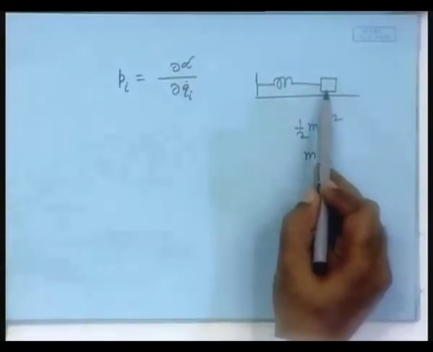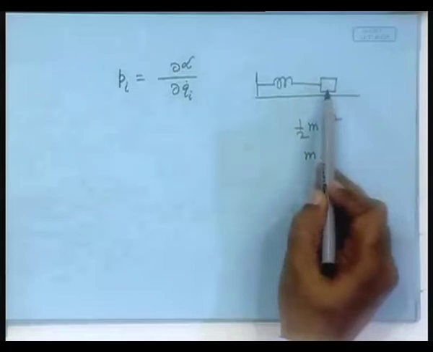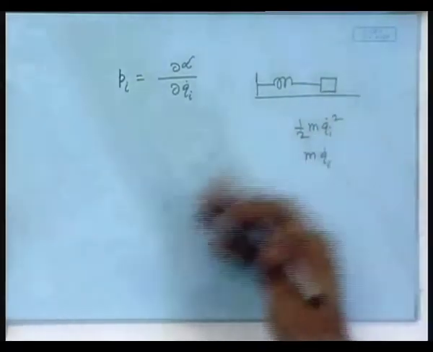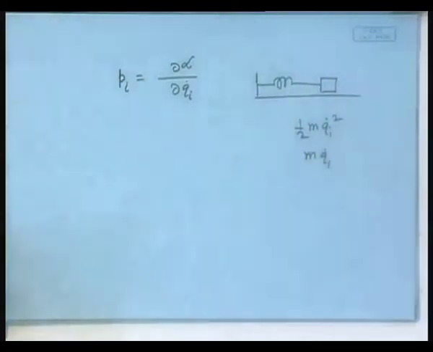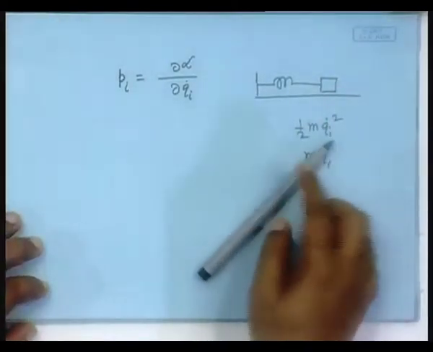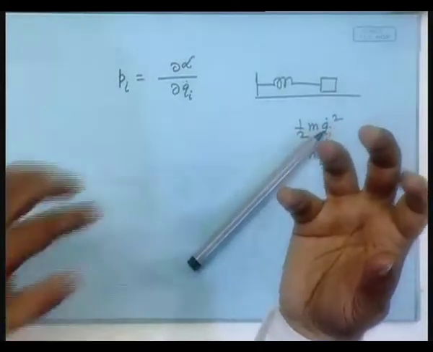For the trivial cases where these are easy to identify, there is no problem, but you will see the advantage when there are coordinates coupled. I will show you. For example, the mass connected with a spring as a pendulum, we have seen that there the kinetic energy contained both the radial as well as the angular terms. In that case what is the momentum?